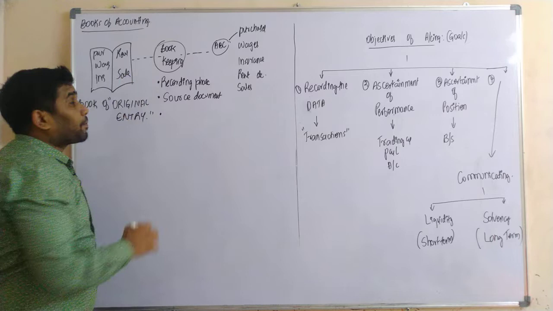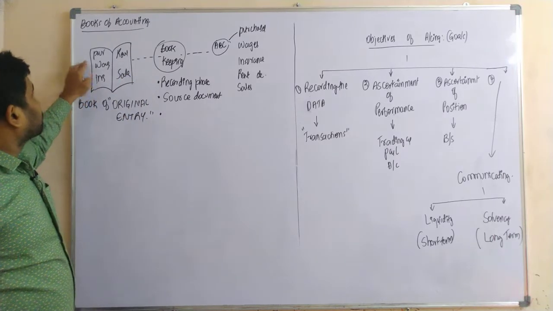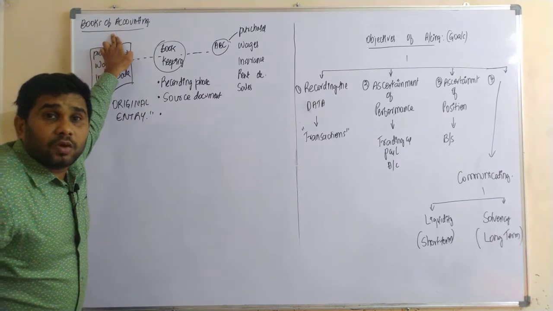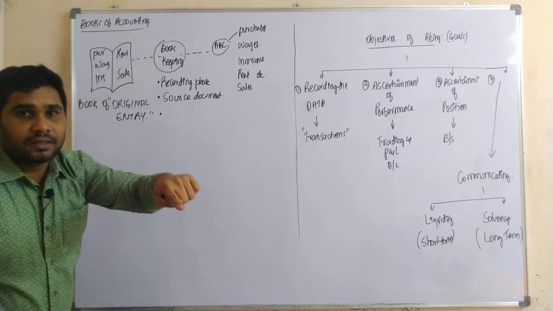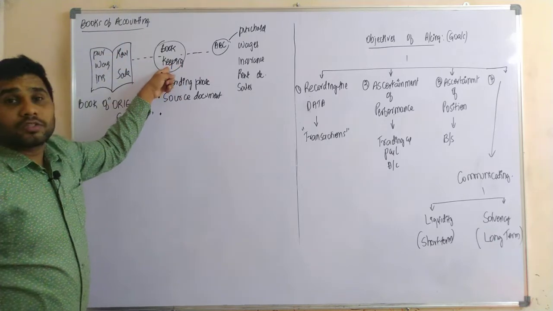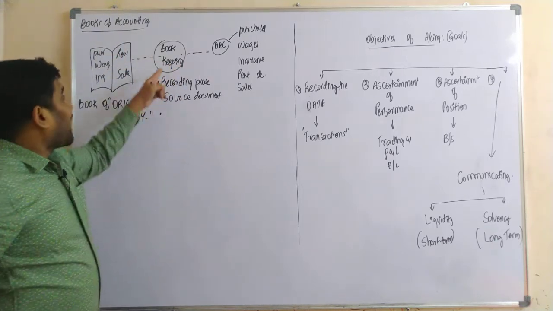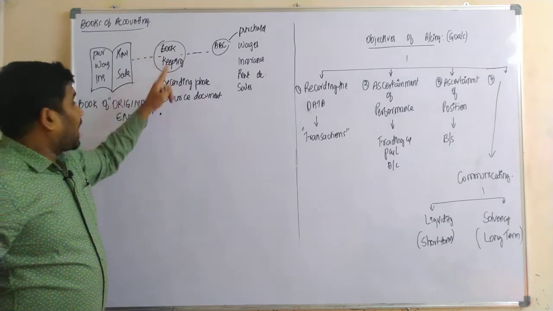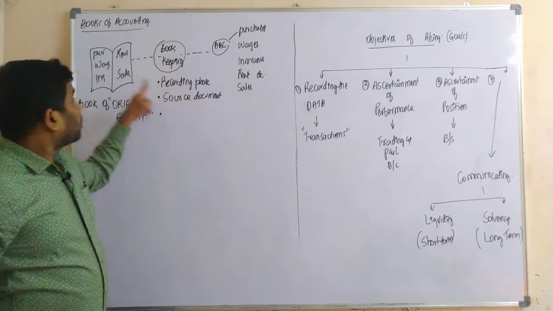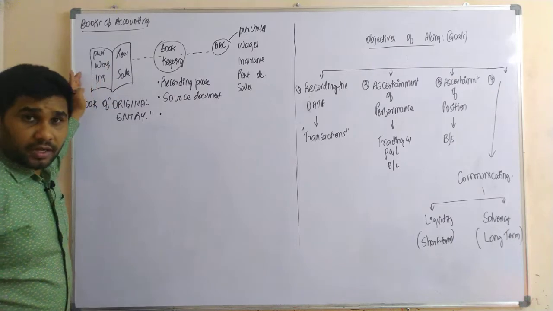So that means the process of accounting starts where the process of bookkeeping ends. So after recording in the bookkeeping and after checking the source document only, you are going to record in the book of accounting, yes or no?